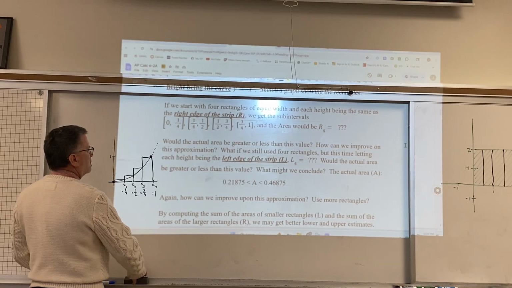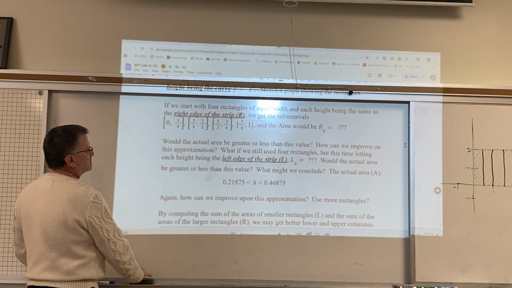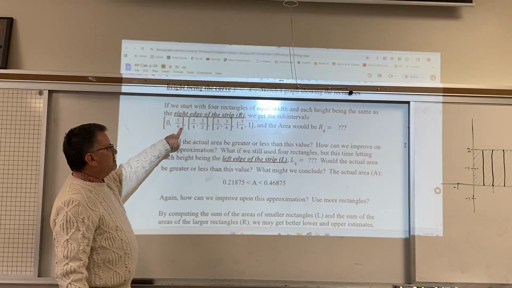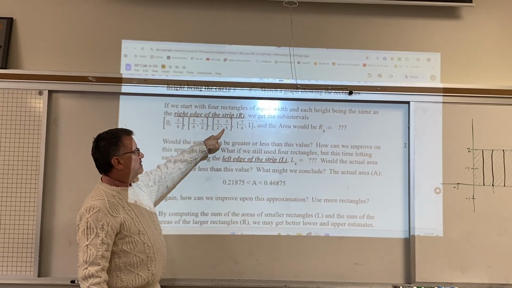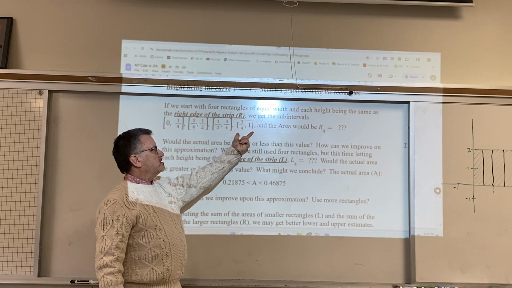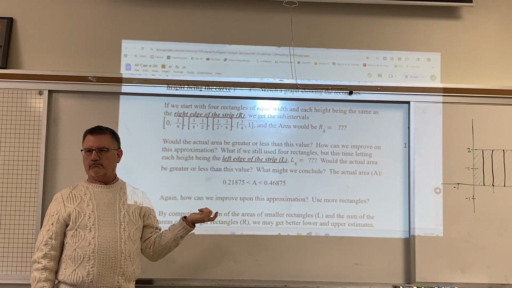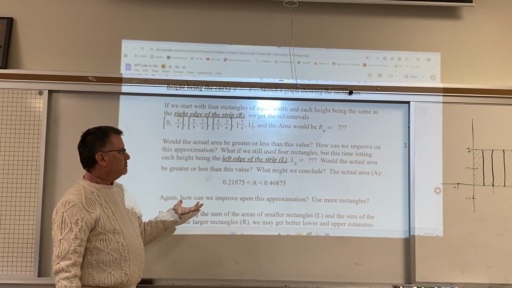Okay, so if we look up here, and again, this is on Canvas if we want to go back and look at the notes, this would be my interval here: 1/4, 1/2, 3/4, and 1. Notice they all have the same base of 1/4. So 1/4 times what? It's the height that's changing.